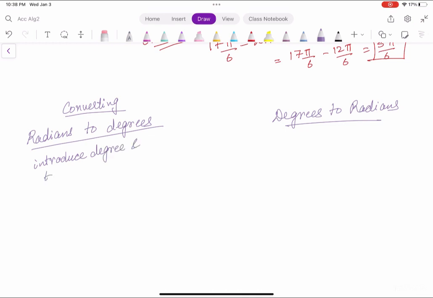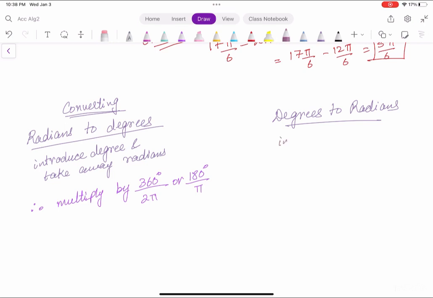And how to do that? We can multiply by 360 degrees and divide by 2 pi radians. Or if you simplify it, it is nothing but multiply by 180 degrees and divide by pi.